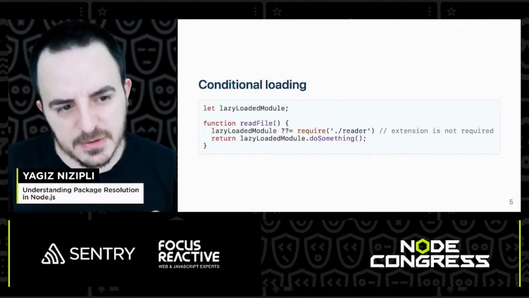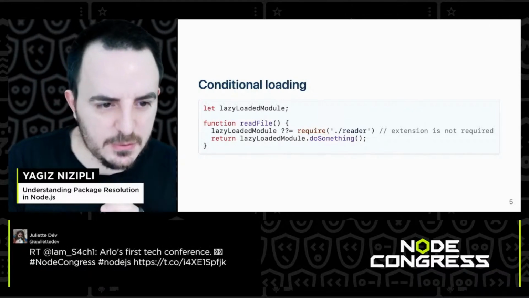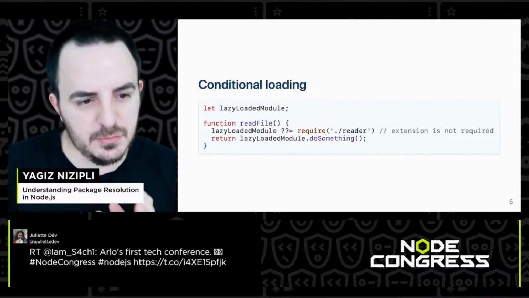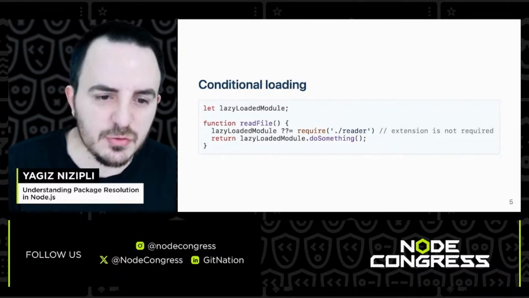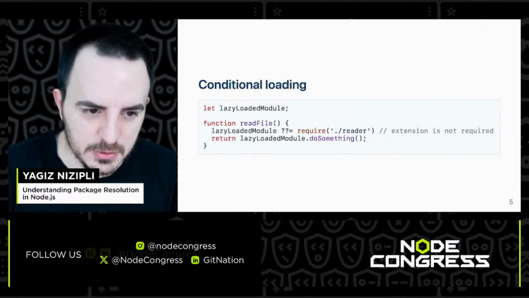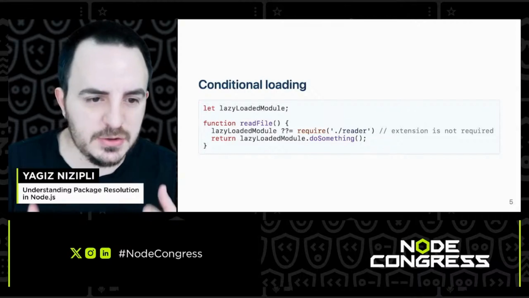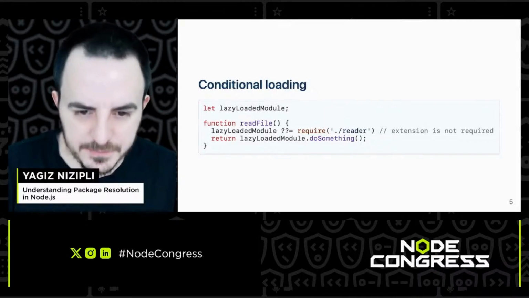The caveat of this implementation is that in the first line in readFile, the lazy loaded module equals require('./reader'). That's going to block the execution of this file because it's a synchronous call, and it's going to block the I/O depending on the size of the file itself.